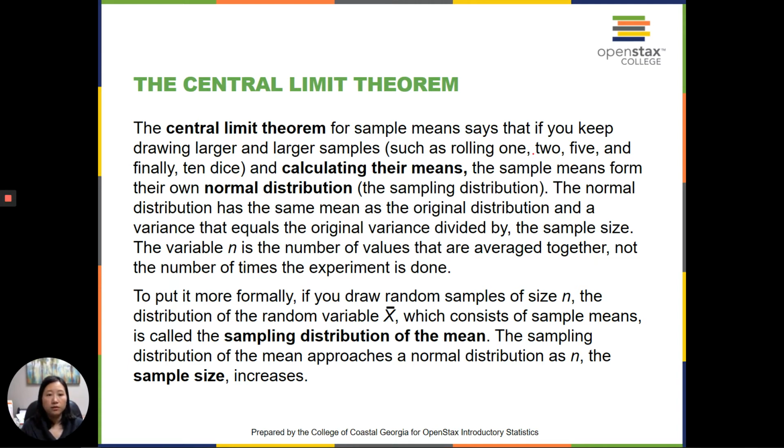So the central limit theorem for sample mean says that if you keep drawing larger and larger samples, such as rolling 1, 2, 3, 4, 5, and then 10 dice, and then calculating their means, the sample means form their own normal distribution.